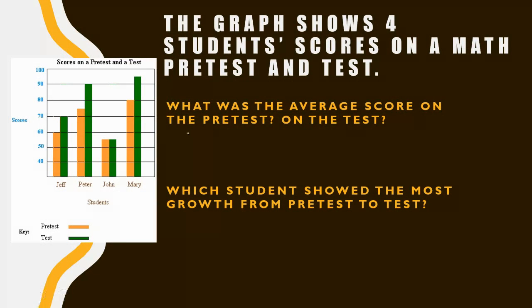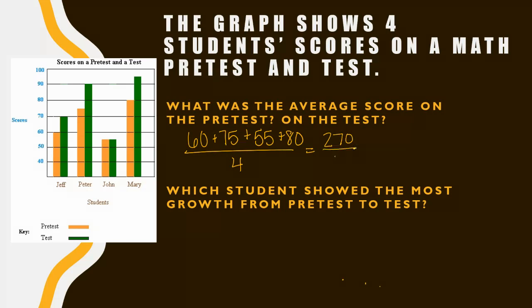Well, Jeff scored a 60, and Peter scored a 75, and John scored a 55, whoops, and Mary scored an 80. We're going to add all those up, and then we're going to divide by how many there are, which in this case is 4. So when I add up 60 plus 75 plus 55 plus 80, I get 140 plus 130, 270.